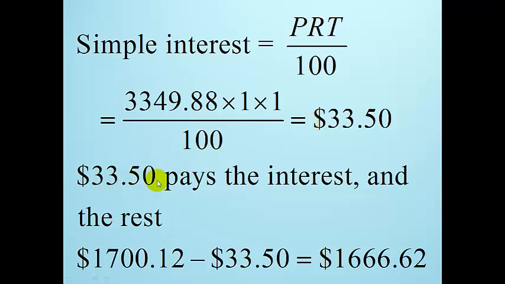So the $33.50 pays the interest, and the rest, how do you find the rest? You have to subtract the $33.50 we have gotten from the monthly payment of $1,007.12. And so when we do that, we have $973.62.